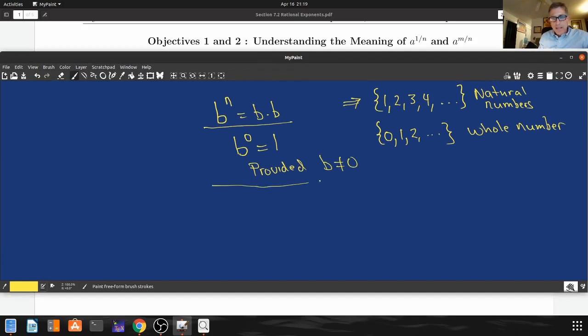And then at another point we said, okay, let's extend our exponents even more from the whole numbers to the integers. So these are the integers: positive and negative natural numbers plus 0.